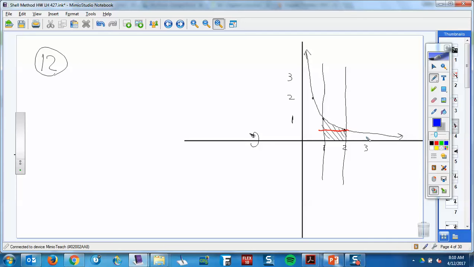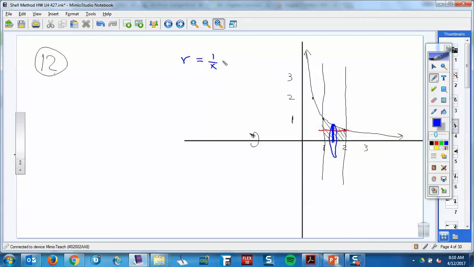What you'd rather do, if you had your choice, is a slice because it'd be a circle. There'd be an empty space. What was this graph? 1 over x squared. So your strip would be your radius. What's that? It's just 1 over x.